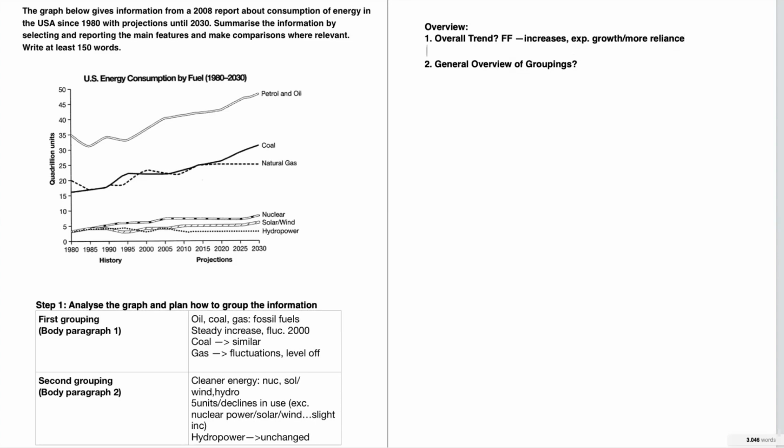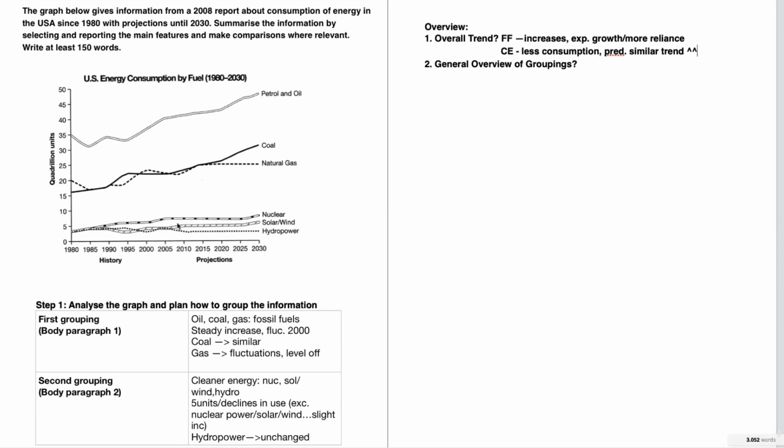If we want to also look at an overall trend for our cleaner sources of energy, so I'll put CE just so that that is clear. Cleaner sources of energy, they do have less consumption, but they do have predictions for a similar trend to what we see here with fossil fuels.